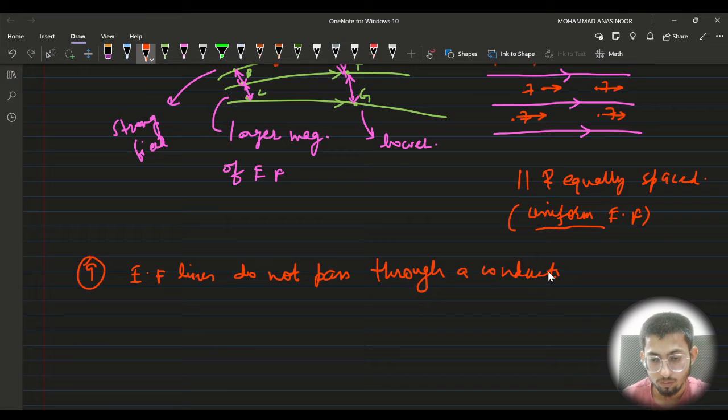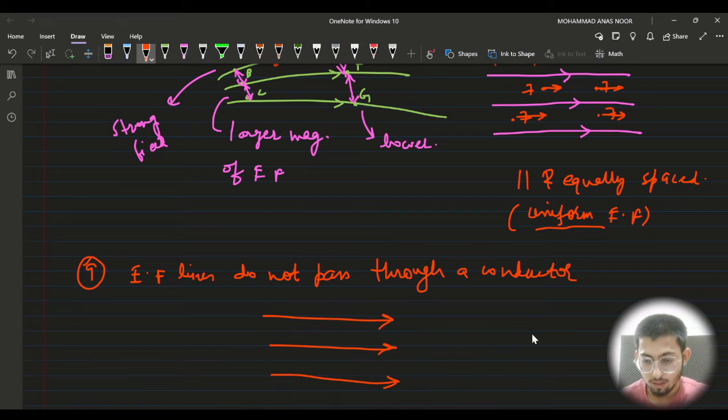So let's say there is an electric field in space, and if you place a conductor in this space, let's say a box of metal, the electric field lines would not pass through it.